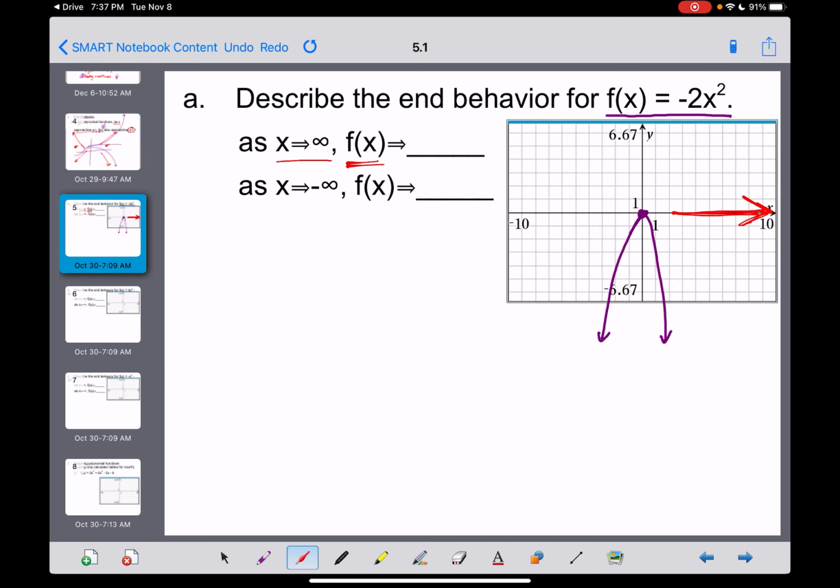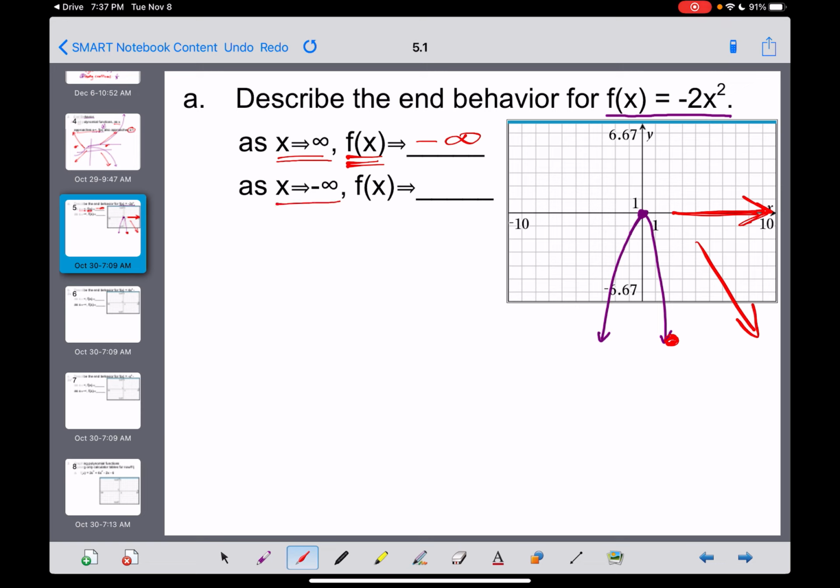So you guys just need to ask yourself, as we move further and further to the right on this graph, let me take a big red dot right here and see if I can move it. As I move this thing further to the right, am I going up towards infinity or down towards negative infinity? And the answer to that is we are heading down towards negative infinity. So as x approaches infinity, y approaches negative infinity, because this graph goes down on the right and not up.